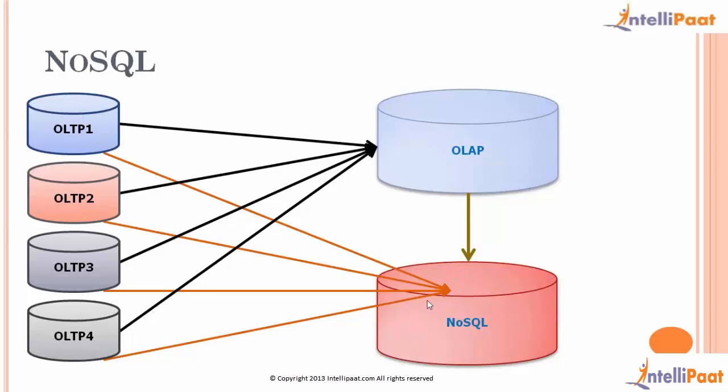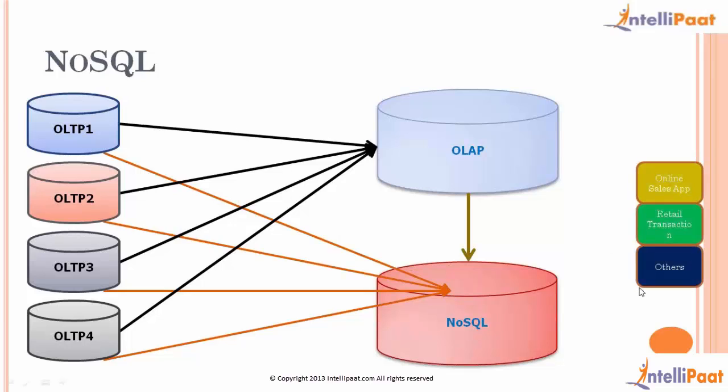But with these new generation databases, we can either migrate data from OLTP systems to NoSQL databases, or just have a NoSQL database and attach our applications directly to it. So eventually you can remove OLAP as well as OLTP.